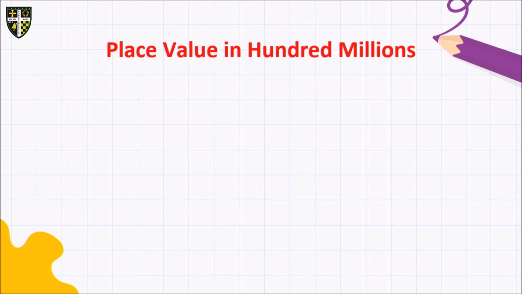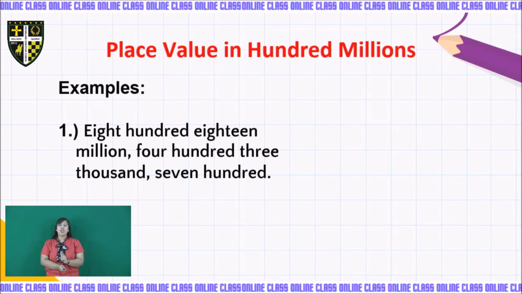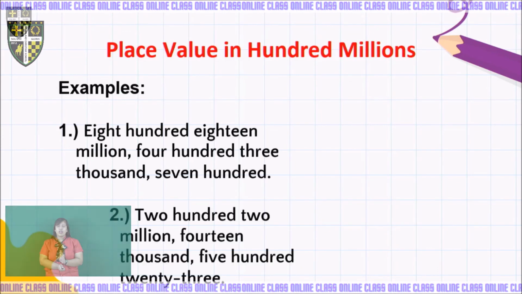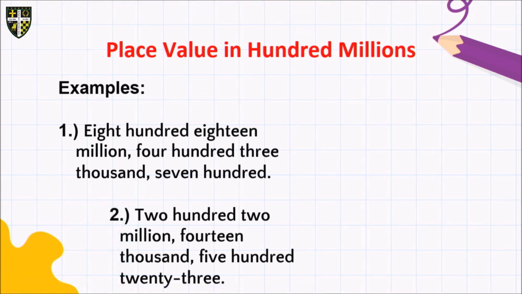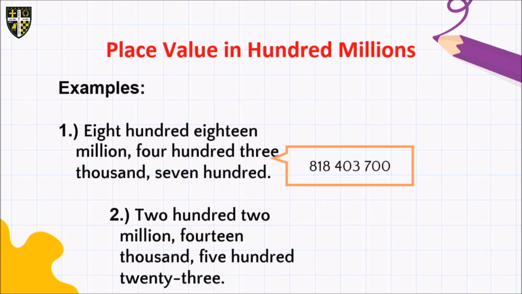For the 100 millions, we have 818,403,700 and 202,014,523. So for the first one, we have 818,403,700, or we can write it as 818 space 403 space 700.